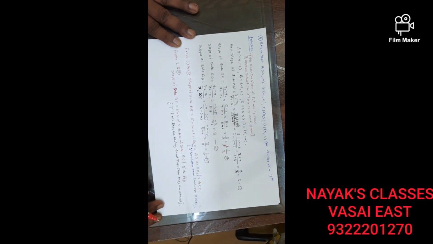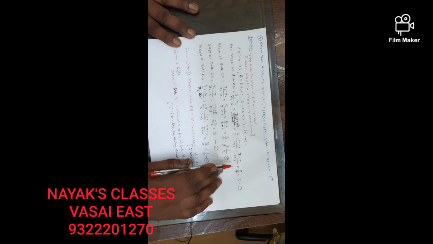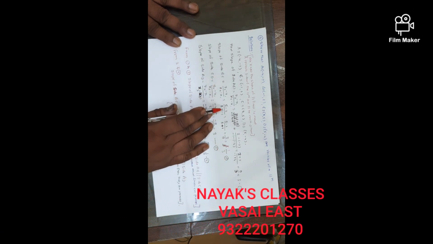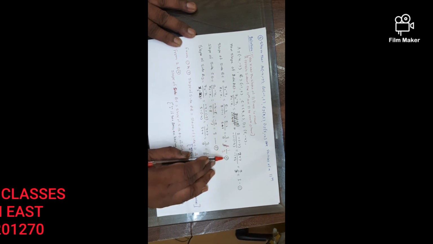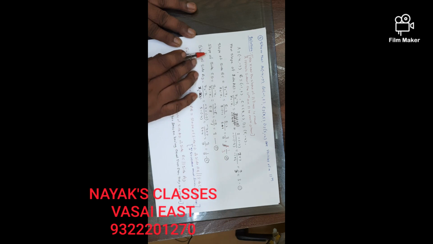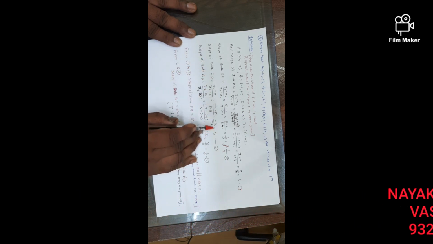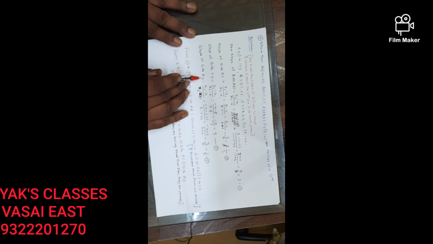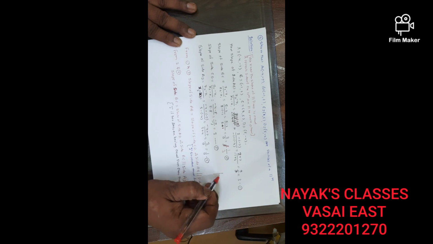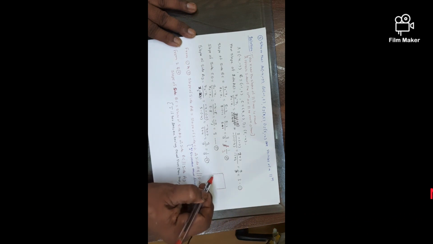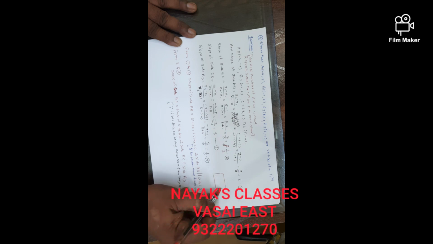So slope of side BC is 1 upon 3. Statement number 2. Similarly, slope of side CD is again 3, and slope of side AD is again 1 upon 3.